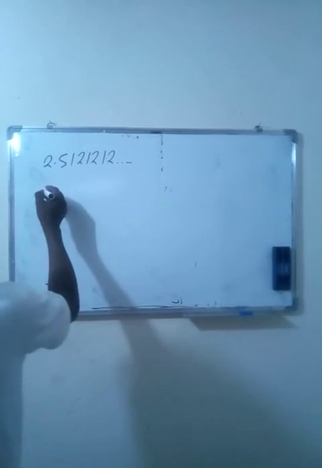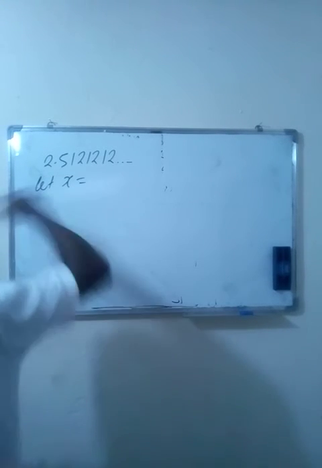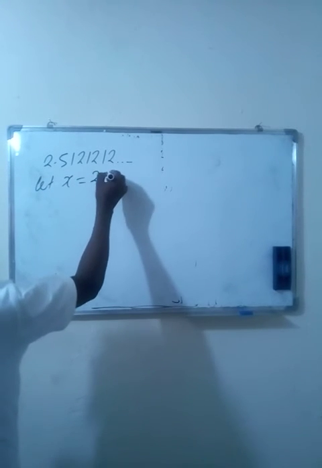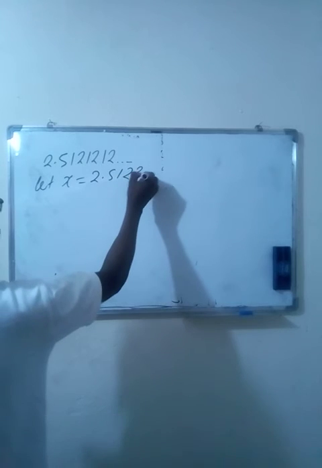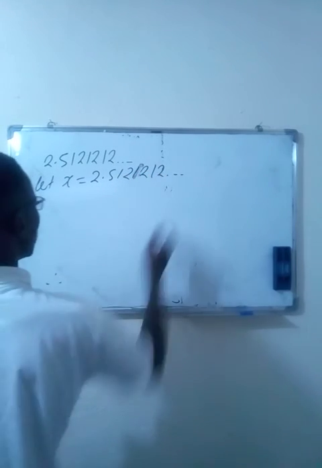Okay, so again, as usual, we select x equal to 2.51212, and so on, right?